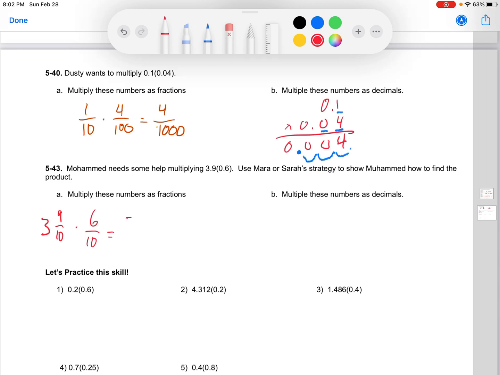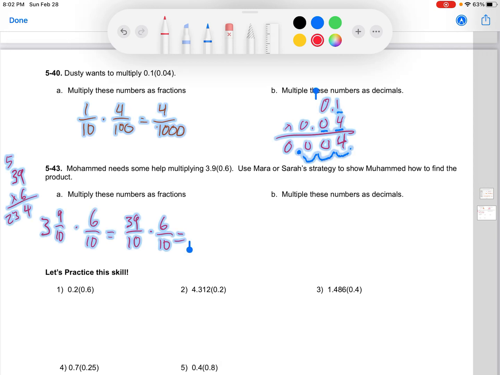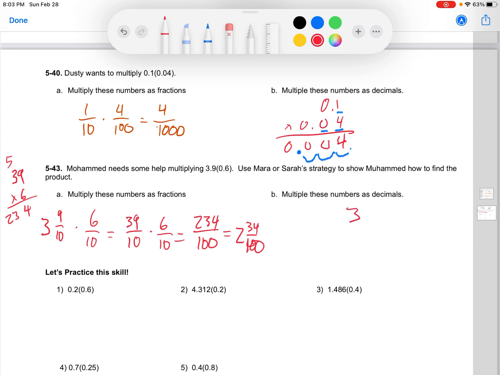So that will be 39/10 times 6/10, right? 39 times 6: 6 times 9 is 54, 6 times 3 is 18, 18 plus 5 is 23. So that is 234 hundredths, okay.